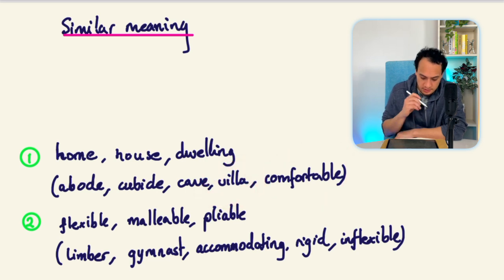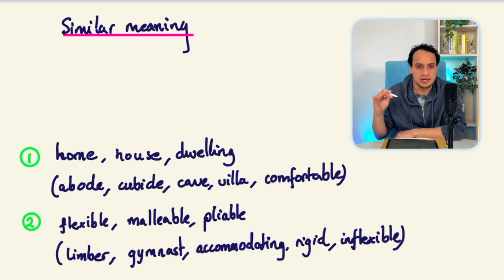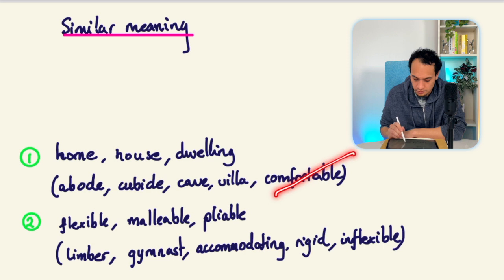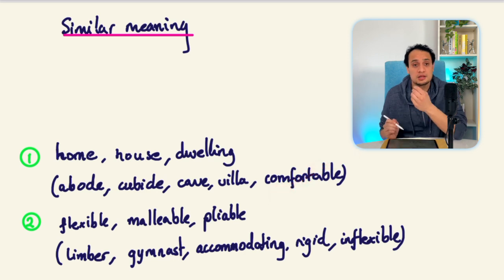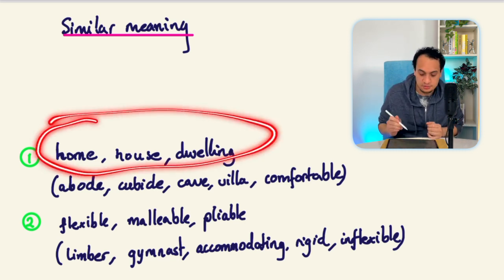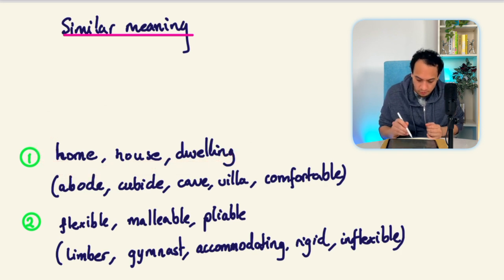Now, let's just use some elimination here, just to show some good exam technique. Comfortable, we can eliminate straight away because that might be how you feel when you're in a home, but it isn't actually what a home is. So these are all places where we live. So we can immediately eliminate this.